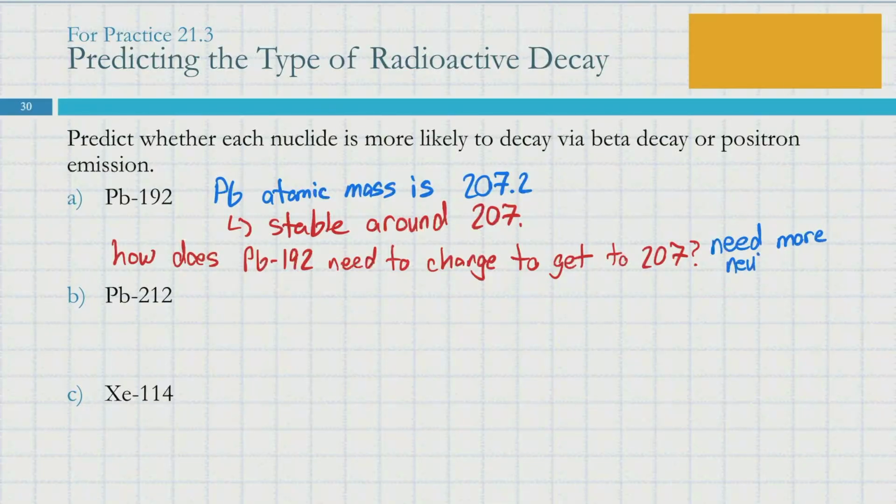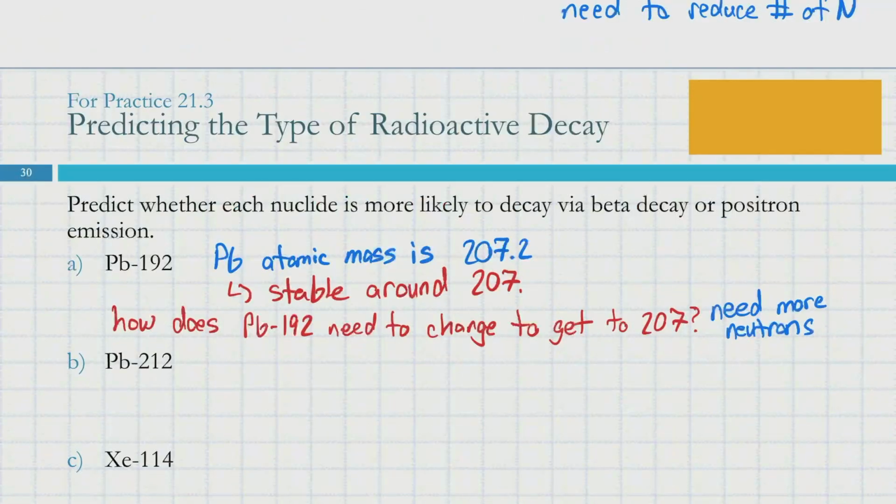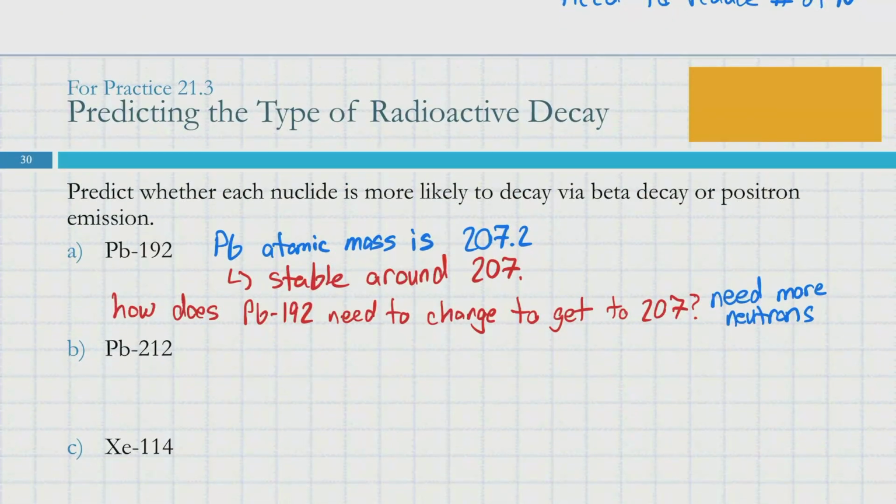Our neutron count is too low. To increase the number of neutrons, do we need to go through beta decay or positron emission? Yeah, so we need to go through positron emission or electron capture.